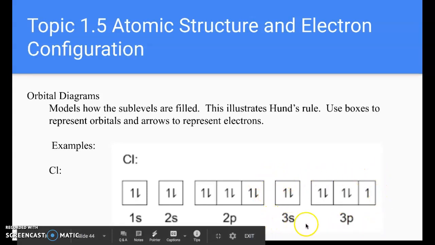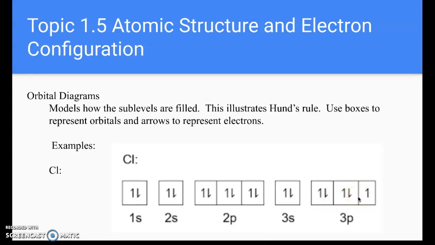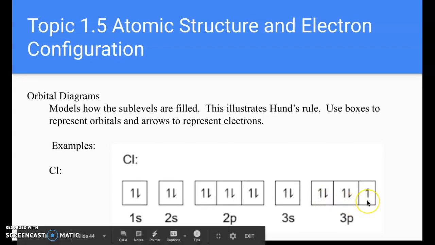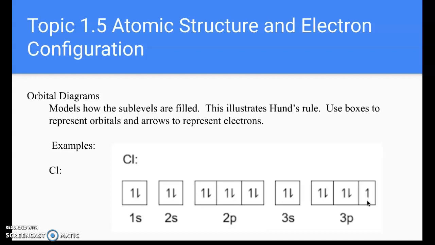3p. A 3s sublevel has 1 orbital, so 1 box with 2 electrons in it, and chlorine ends in 3p5, so this is where those 5 electrons go. You also want to know the order in which these sublevels fill up. According to Hund's rule, you don't pair up electrons in the same energy level until you have to.